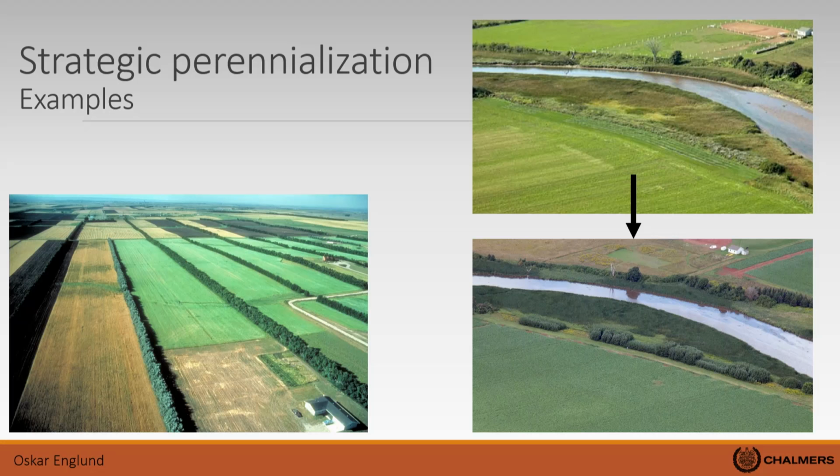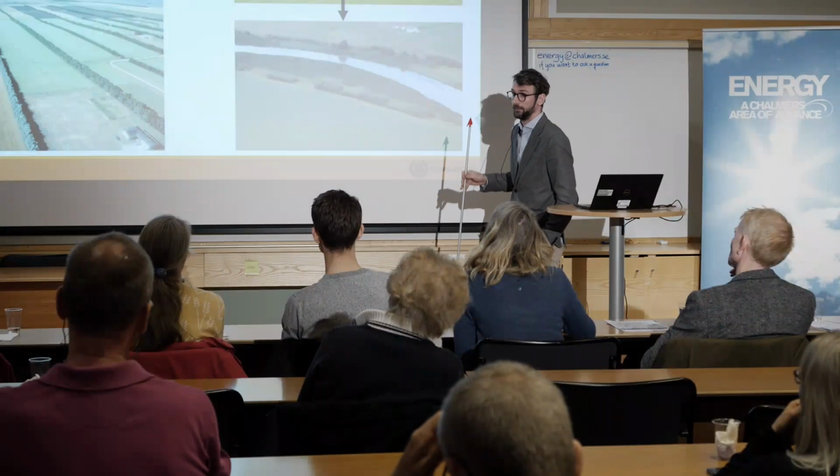Another example is riparian buffer zones. Here is a cropland, and we have a watercourse, and by establishing, in this case, willow energy forest, or grasses, we can prevent agrochemicals, especially nutrients, from ending up in the watercourse. And again, many of these buffer zones exist.